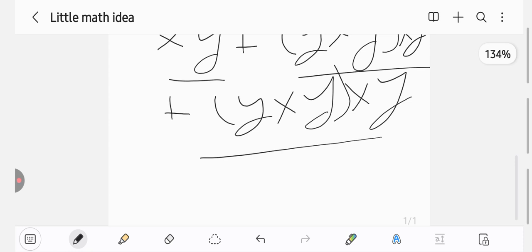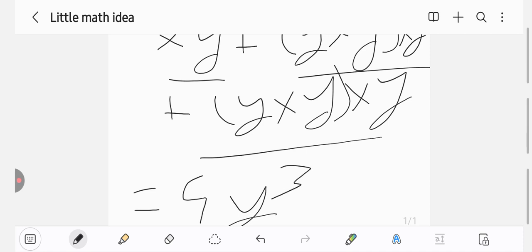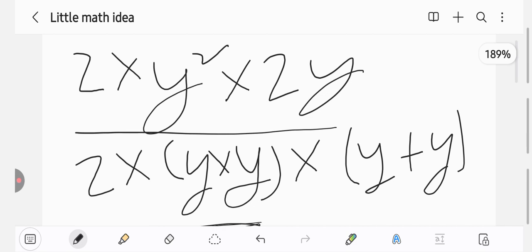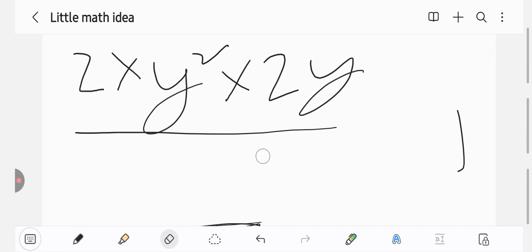Now if we simplify our unsimplified final result, what do we get? 4y cubed. Now in this case, if we understood it the normal people's way, what would you get?